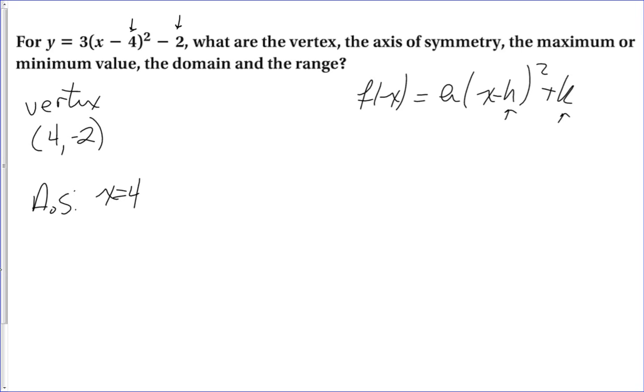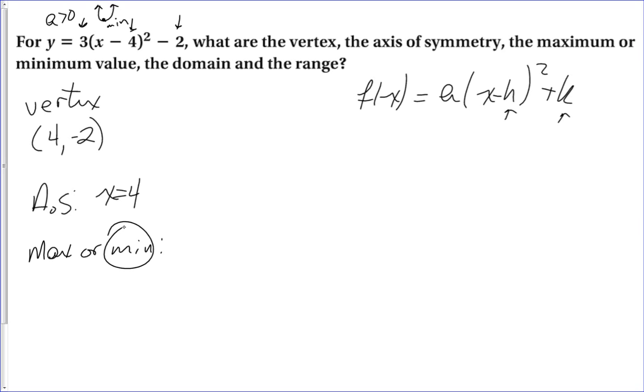All right, now we're going to have a maximum value or a minimum value. Well, in this case, since a is greater than 0, meaning a is a positive number, that means we're going to be opening upward like this, which means our vertex here is going to be a minimum.